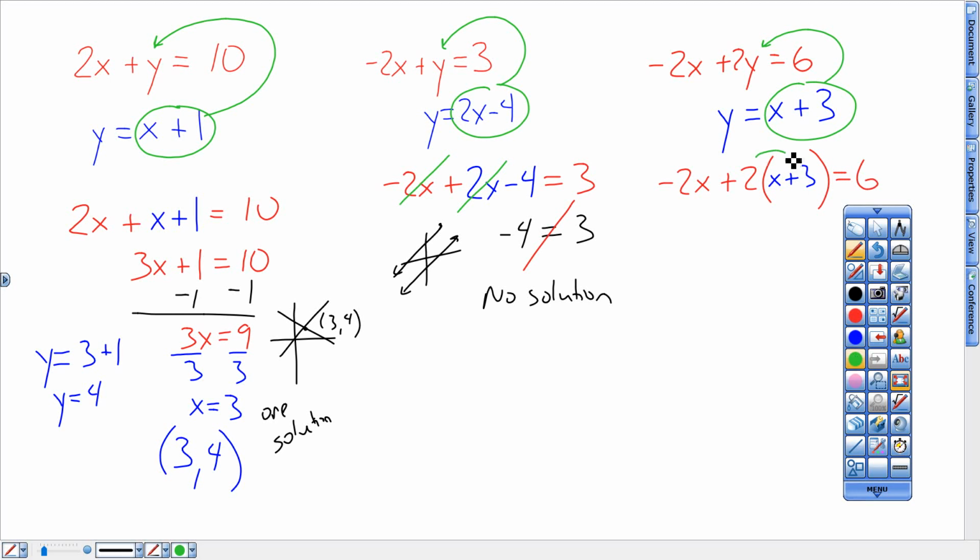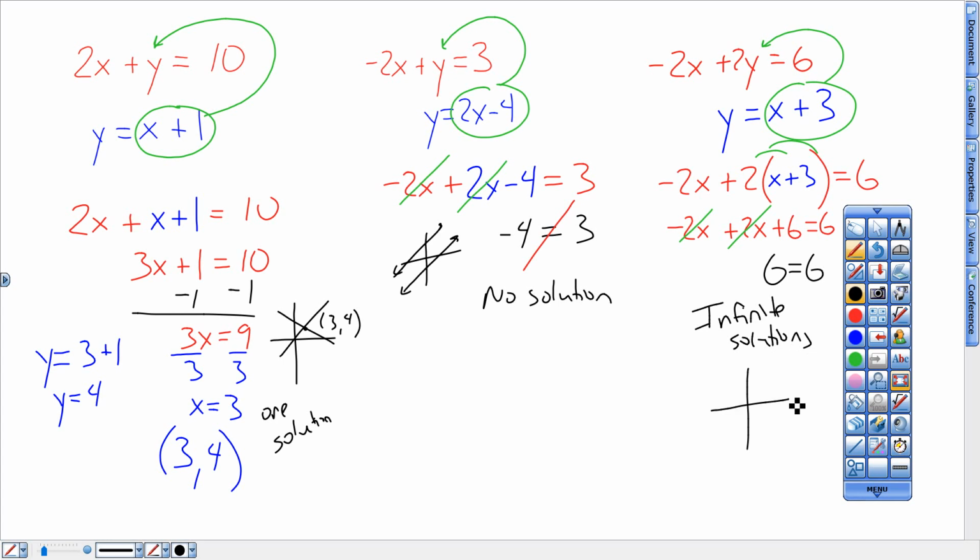So when I do this one, I'll get negative 2x plus 2x plus 6 equals 6. When you get all the x's to cancel and you're left with two numbers that are equal, that's your infinite solution look using just algebra. Infinite solutions. I promise you, if you were to graph these, they would be overlapping lines.